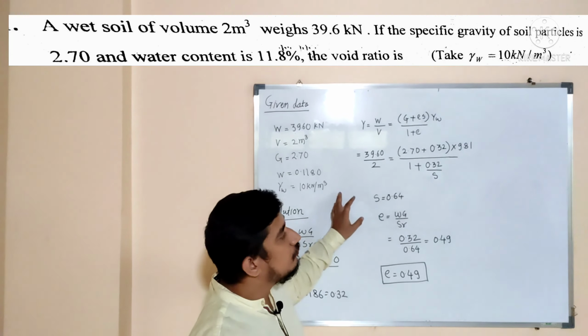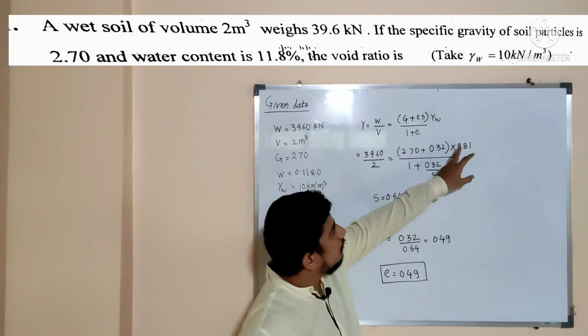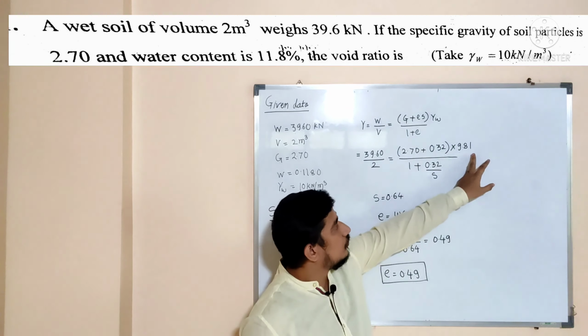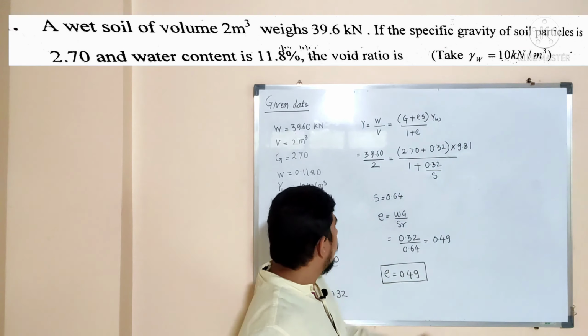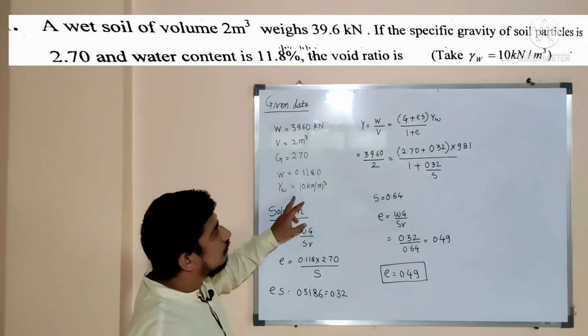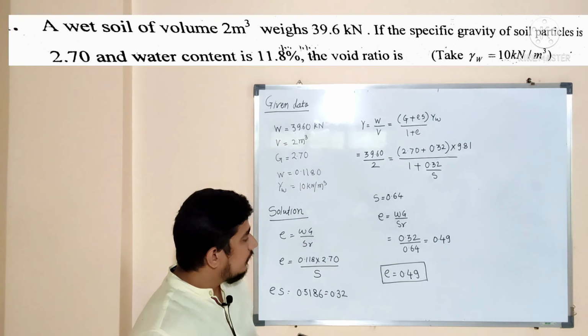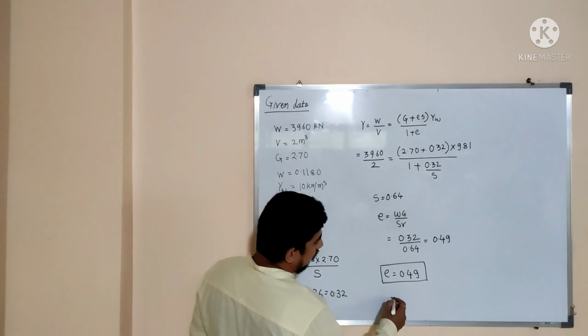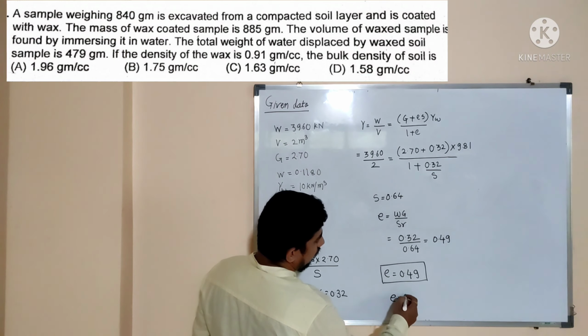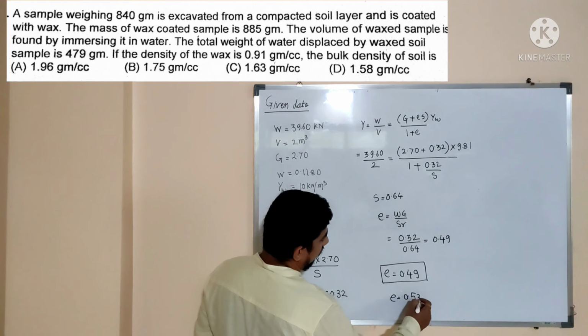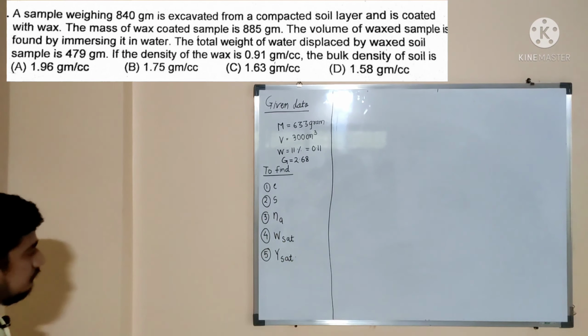In this problem we assumed gamma_w is equal to 9.81, but they have given gamma_w as 10 kilonewton per meter cube, and that has to be used. If we use that, then we will get e equal to 0.53.